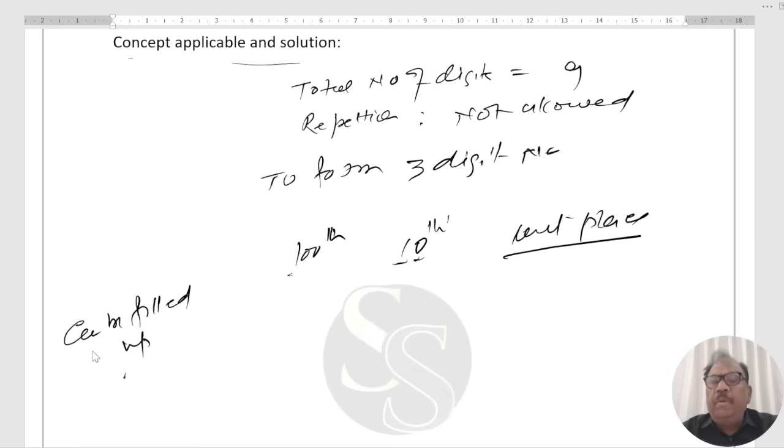Unit place can be filled up in 9 ways, as total digits are 9. There is no condition. Repetition is not allowed, which means one number is utilized here, so the balance will be 8. It can be filled up in 8 ways. Now, repetition is not allowed, so 7 ways.